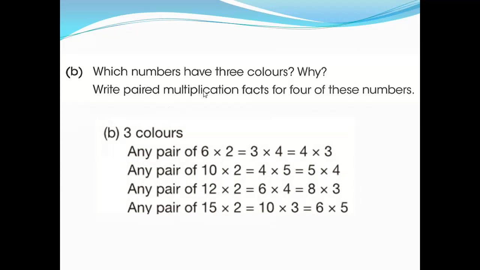So we have three color options here. And 12 multiply 2 equals 24, or 2 multiply 12 equals 24. 6 multiply 4, 6 fours are also 24. 8 multiply 3 is 24. So these three, one, two, three, have a similar answer. Okay, so we mention them in the three colors option. And like this, 2 multiply 15 or 15 multiply 2, 10 multiply 3 and 6 multiply 5 also have similar answers.